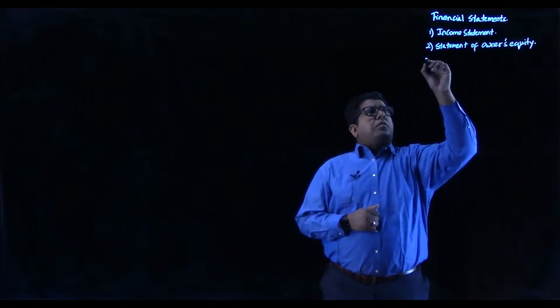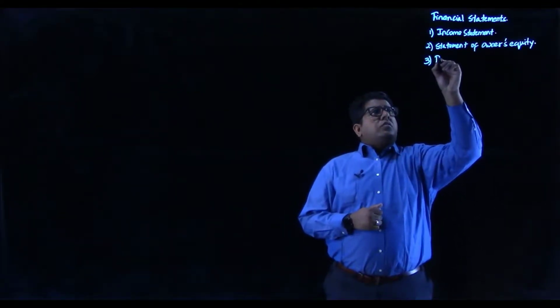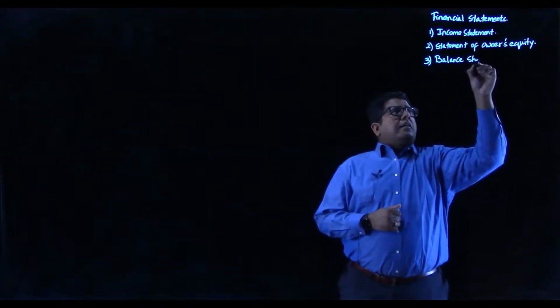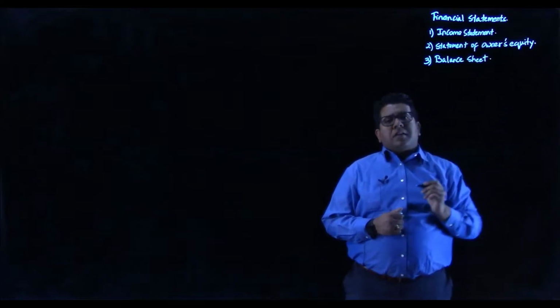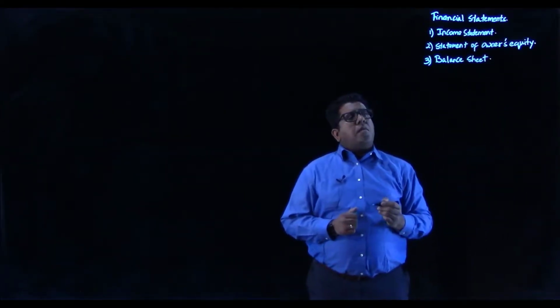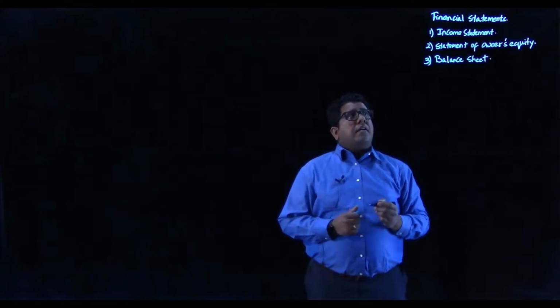And number three, which is the most important, is the balance sheet. All of the three are important, but I personally like the balance sheet a lot because it gives you a snapshot of all your financial performance over the year.